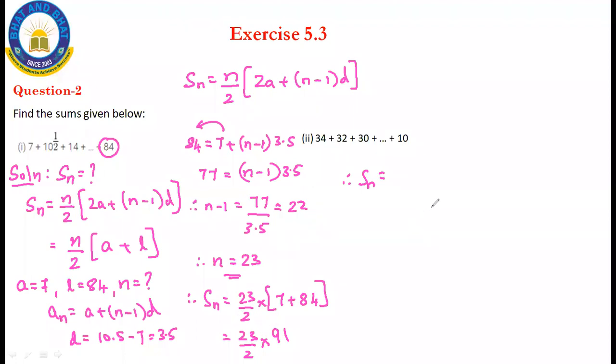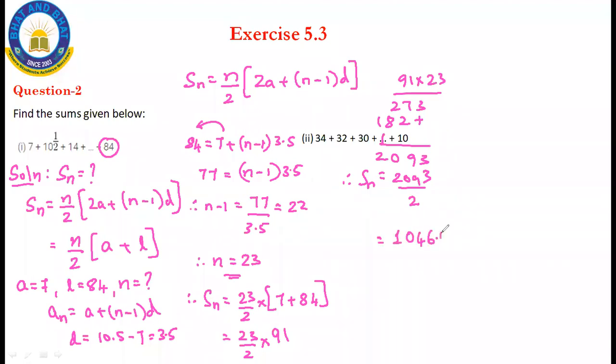First do 23 into 91. You should be able to do it very quickly. So 91 into 23: 3 ones are 3, 3 nines are 27, 2 ones are 2, 2 nines are 18. So 2093. So 2093 divided by 2. That is equal to 1046.5. Did you guys understand? So what will be my concluding statement? Yes, S23 is equal to 1046.5.